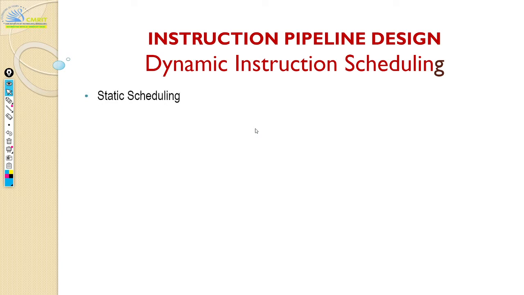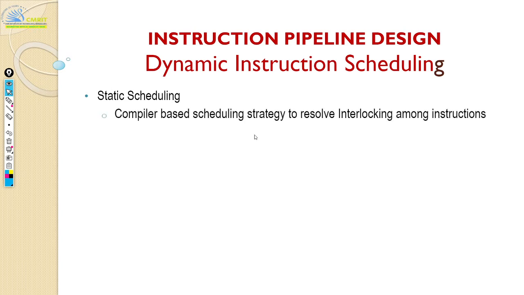So first thing is about a static schedule. So what is a static schedule? A static scheduling is something that only your compiler can take care of. So by looking at your code, the compiler can optimize certain bit, and then it can do the reordering to some extent. Okay, so that's what your static scheduling does.